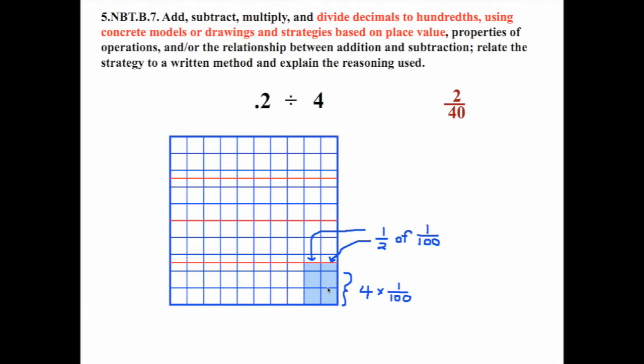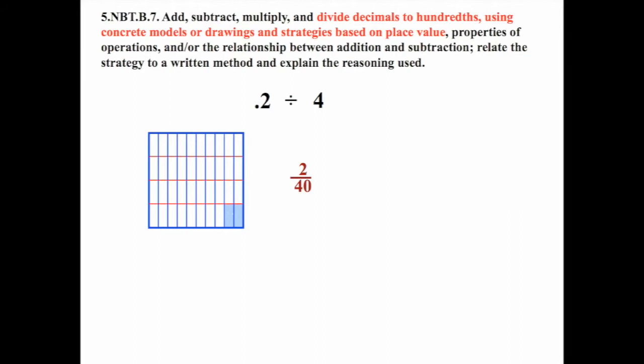But notice these got cut in half, so each one of these is half of a 100th. You can combine these two, though. If I move one of these over here, then I have another 100th. So now we know that we have a total of 5 100ths, which as a decimal would be 0.05. And that is equivalent to our fraction of 2/40ths.